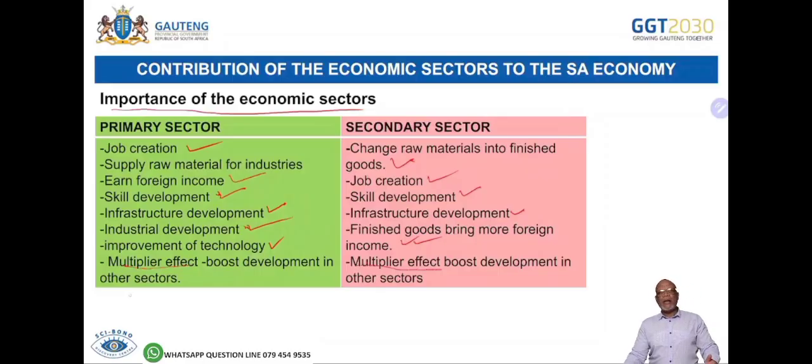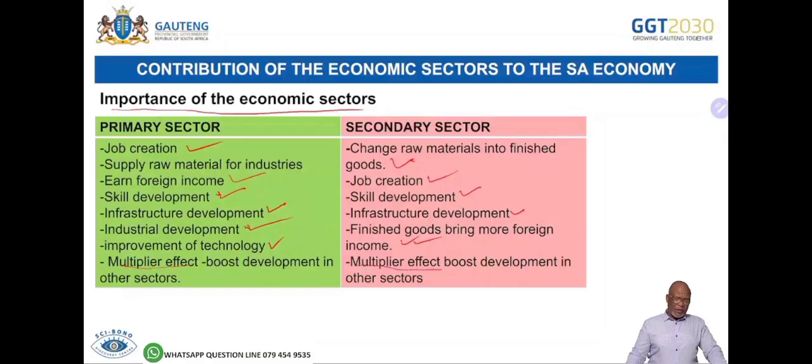There's going to be another industry that is going to make sure the cornflakes boxes have got labels. And then there's going to be other companies that must also do marketing of the product. So that is what we mean by multiplier effect, when one industry leads to the development of another.